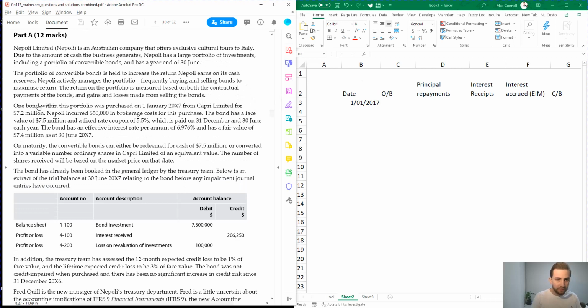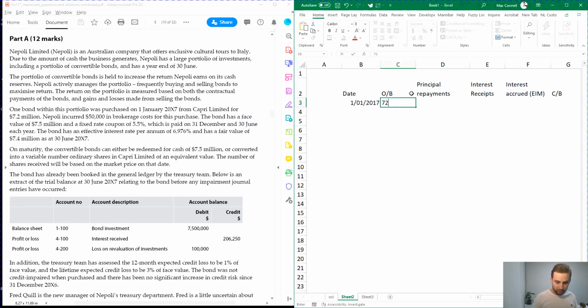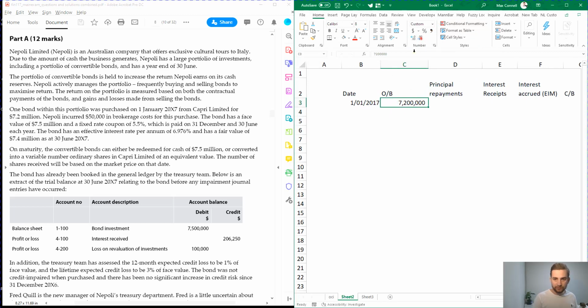According to this, on 1 January 2017, now keep in mind we need to recognize it at the point in time, the fair value was $7.2 million. Now we also need to add in transaction costs because we said fair value plus transaction costs. So we're going to go 7.2 million plus 50,000.